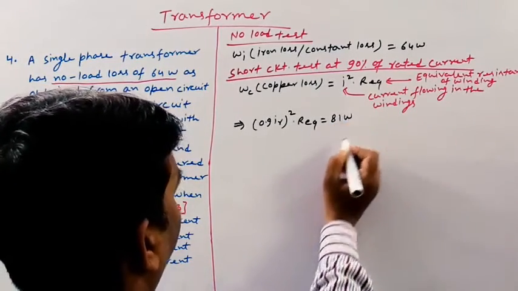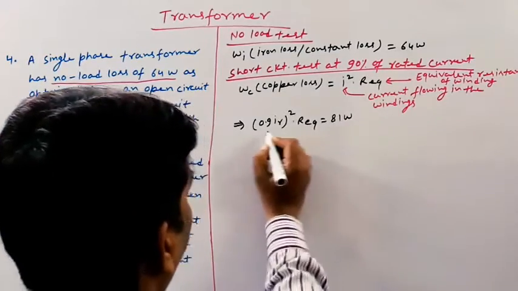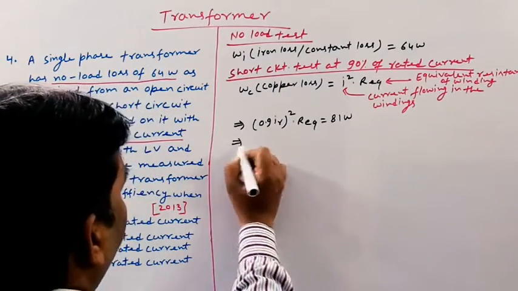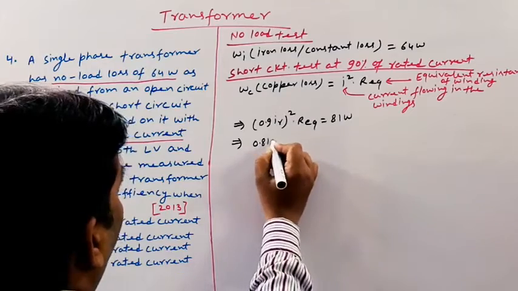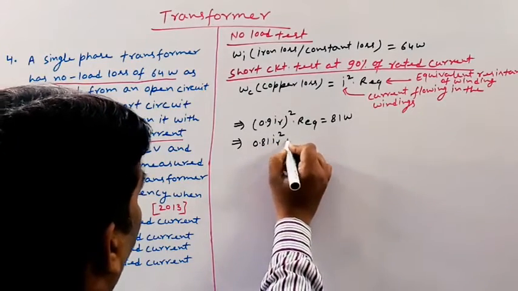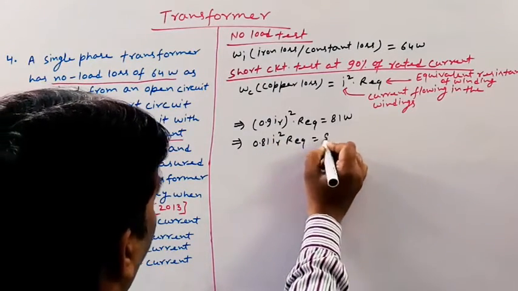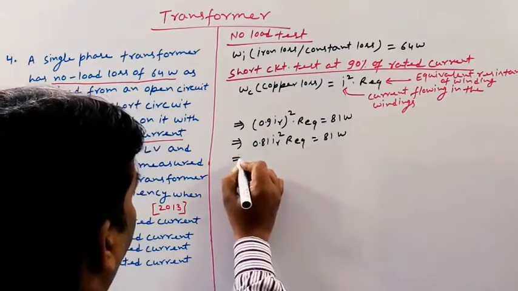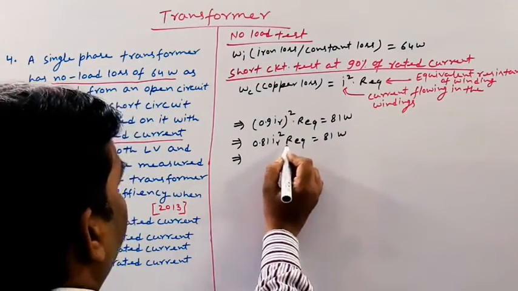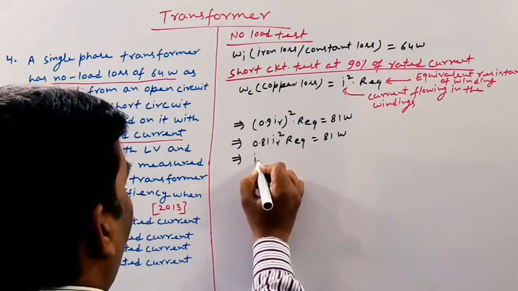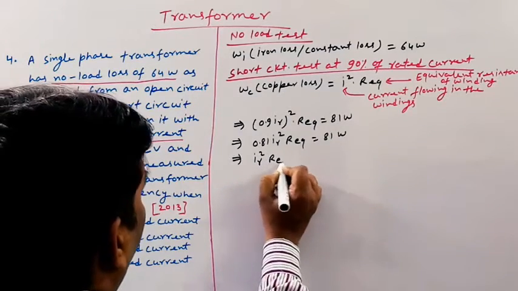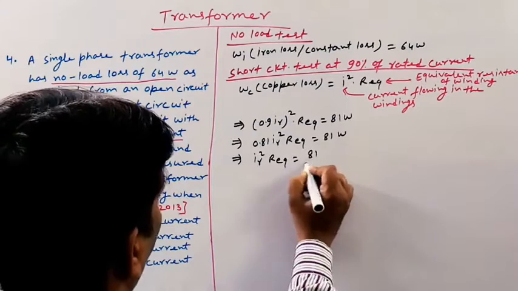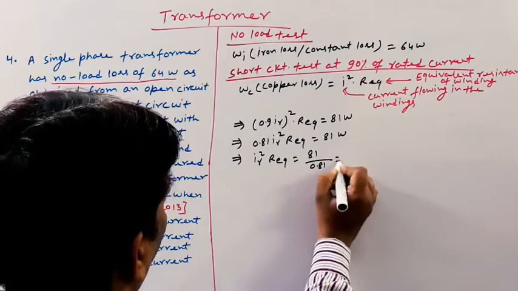Now from here we can see, this will be 0.81 I_R square into R equivalent, and this will be 81 watt. So I_R square into R equivalent will be 81 divided by 0.81, and this will be 100 watt.